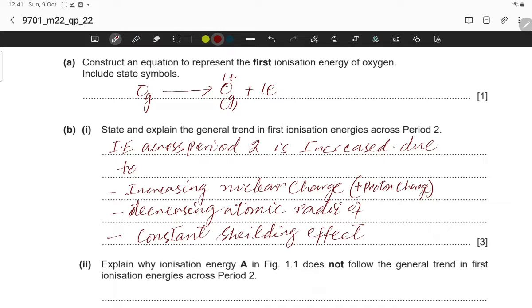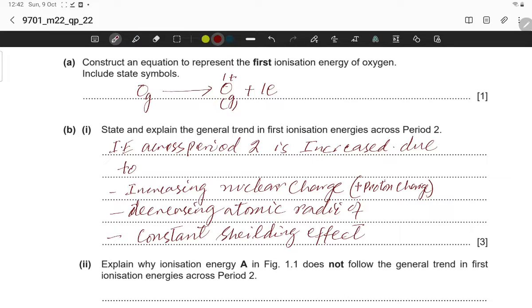When the protons increase across the period, atomic size decreases due to the pull of the valence shell, due to the more attraction between the nucleus and the valence shell electrons. There is the same shell across the period, so that's why constant shielding effect.